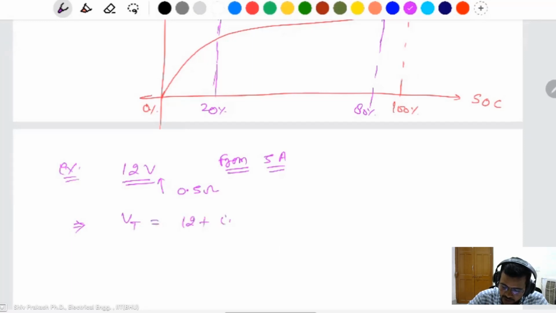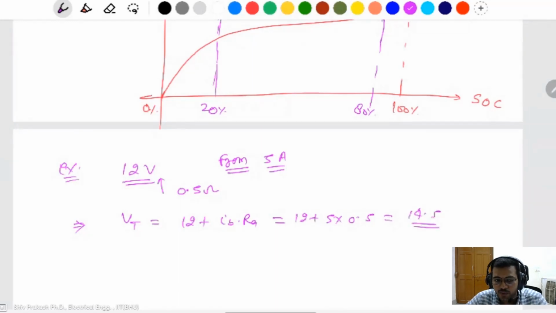At charging time it is 12 plus Ib into Ra, so 12 plus 5 into 0.5, which is 14.5 volt.